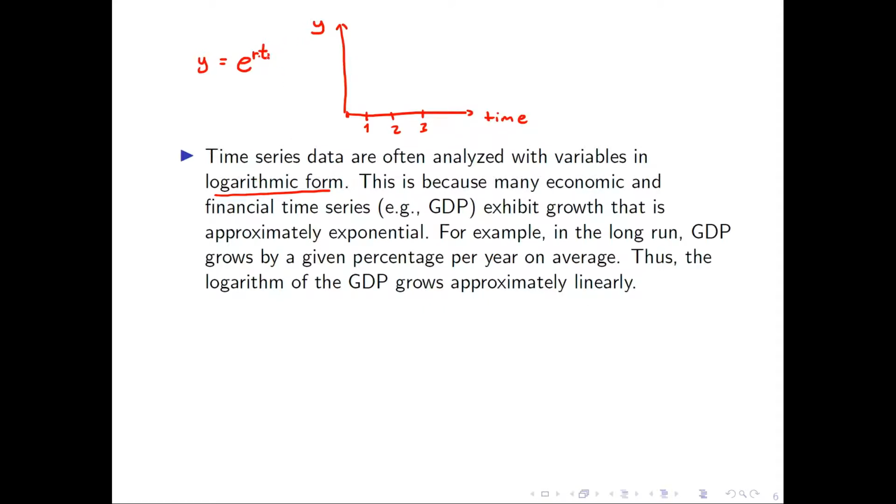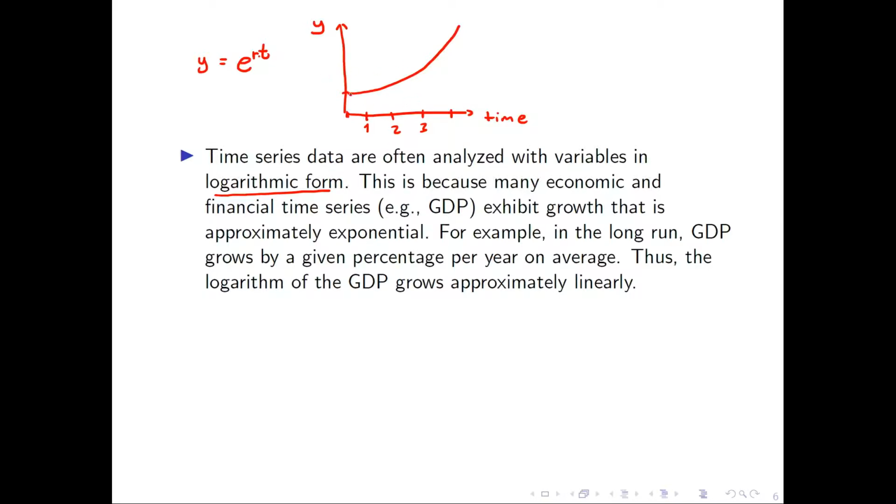Okay, so t is just counting the time periods, and r you can think of as the interest rate. Then you would see this exponential form of the y variable across time. And a lot of economic and financial processes are often modeled by this exponential process.